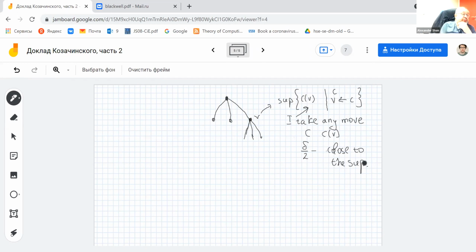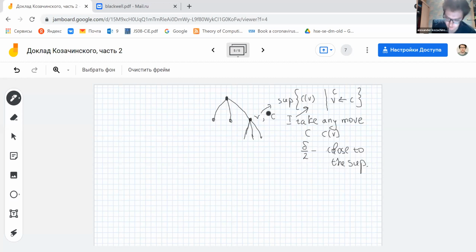If there were not a supremum but a maximum, you would just consider the move of Mean which leads to this maximal value. But since we don't have a maximum, we need some approximation, and it should be chosen so that on all levels together we don't get too much slack.